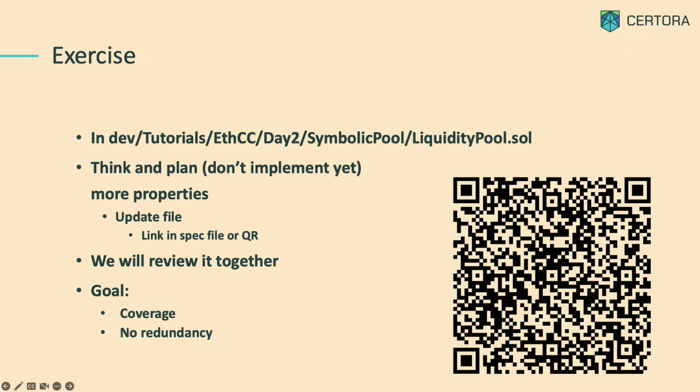Let me go first of all to the code. So it's the liquidity pool contract. It has the deposit function for depositing an amount, and it returns the amount of shares that one is receiving.